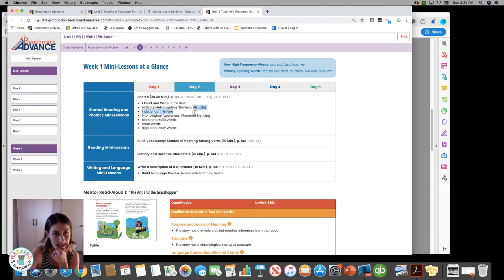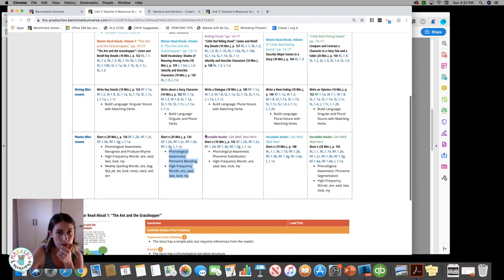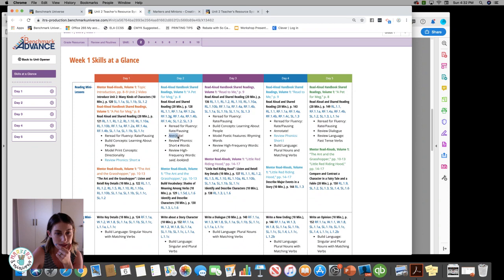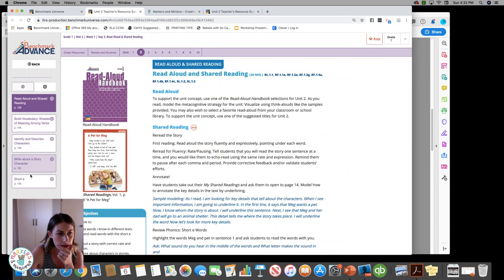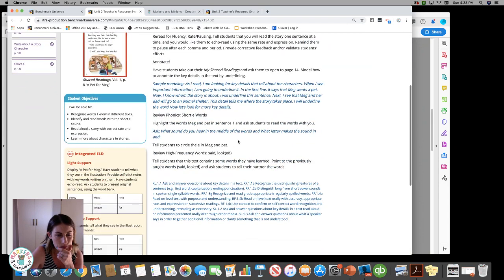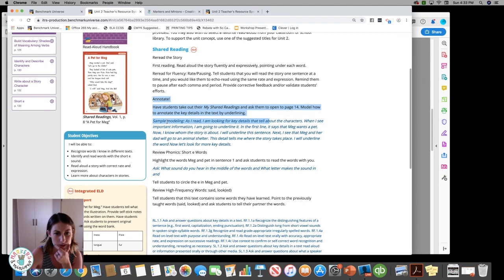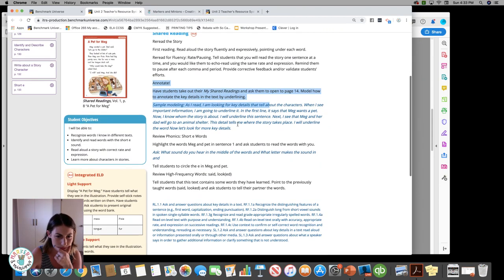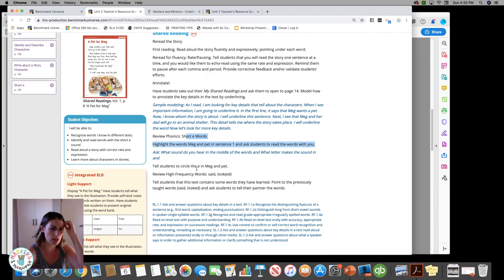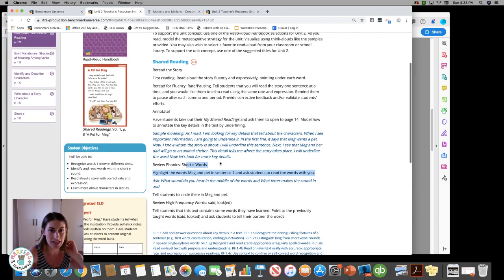Day 2, visualizing and independent writing. Now for California, we've got this annotate piece. And in that lesson, let me just go into that real quick. Annotate. So they're taking out their My Shared Reads. You're going to annotate a key detail, and you're going to find some short E words, and you're going to circle them. And same with your high frequency words, okay? So that's what I mean by the annotate day.